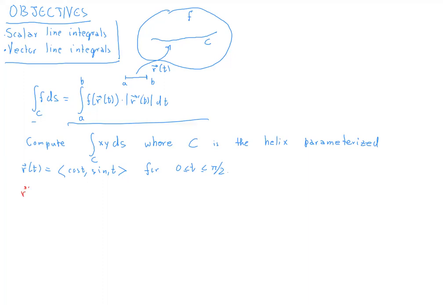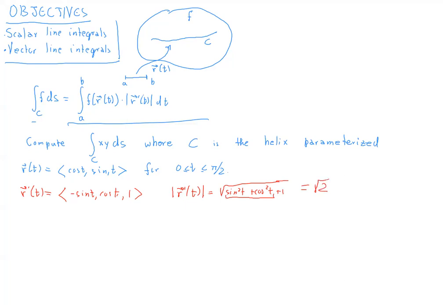So we have that r prime of t is negative sine t, cosine t, comma 1, and the magnitude of this is square root of sine square of t plus cosine square of t plus 1, and of course this is equal to 1, so that becomes square root of 2.